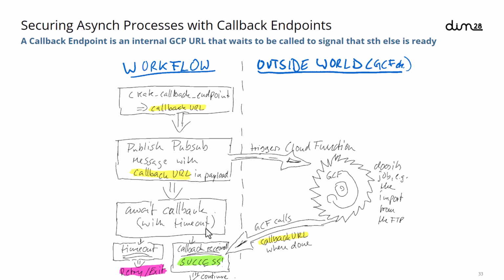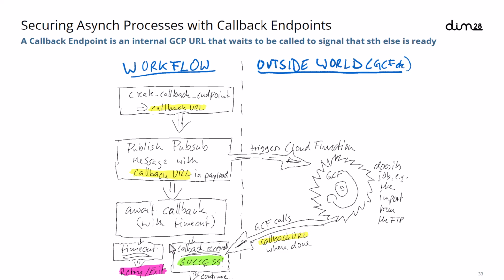So 560 seconds, for example, the max time to wait for that callback endpoint to be called. If we receive a request to that callback endpoint within our timeout threshold, so if this request comes back within the 560 seconds, then it's a success. We can continue with the workflow.